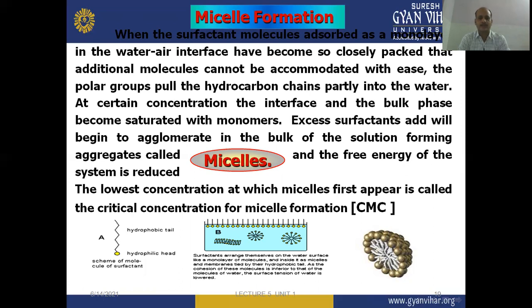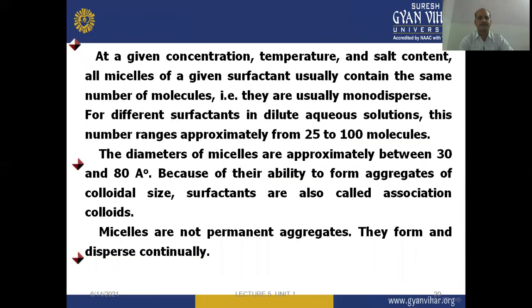It is the aggregation of surface active agent molecules, and the lowest concentration at which this type of micelle formation first appears is known as the critical micelle concentration, or shortly CMC.